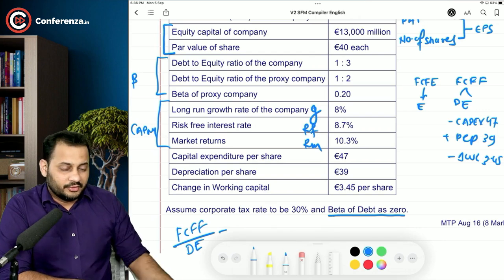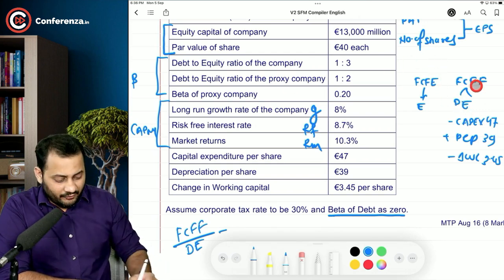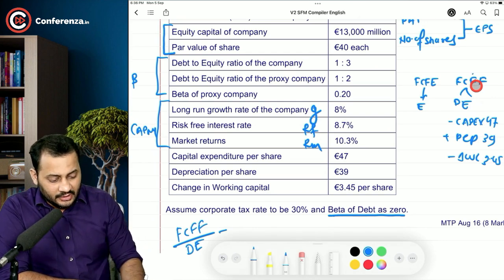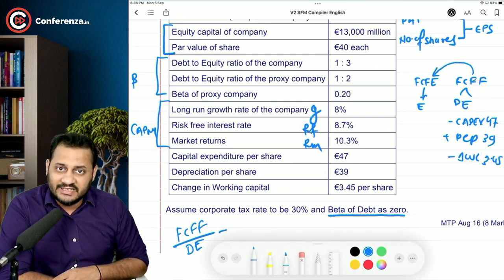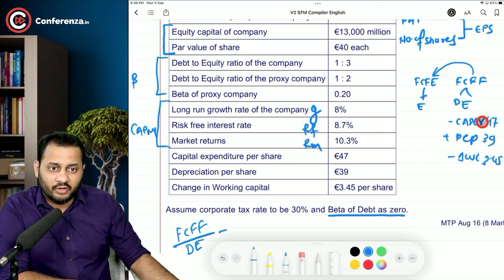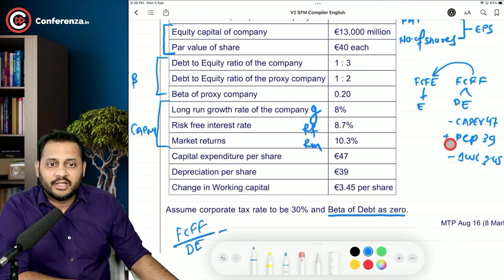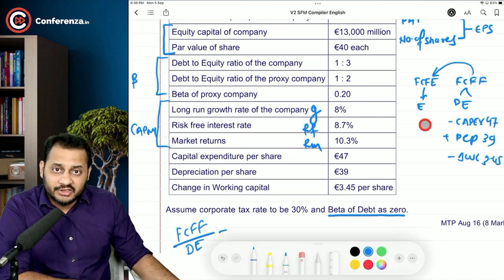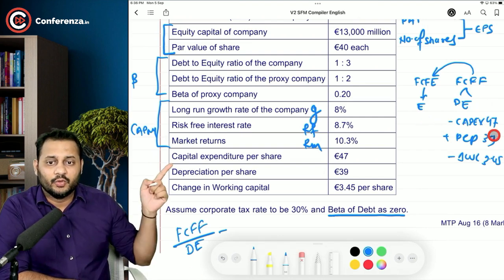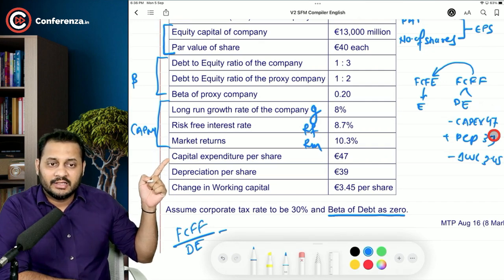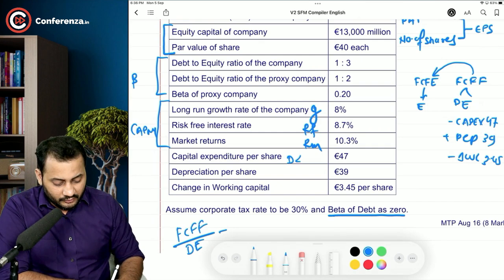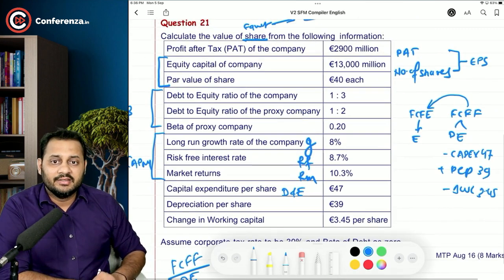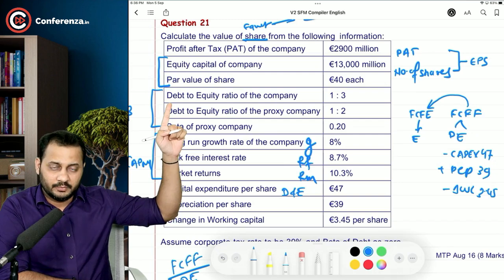No, sir. Since you have removed the debt from FCFE, you need to remove the effect or the contribution of the debt also from these three figures. You need to take the equal share of equity only. What does that mean? It means that if we are required to contribute 47 towards the capital expenditure, then that contribution has to be from both the investors, because in this company there is debt and equity both.